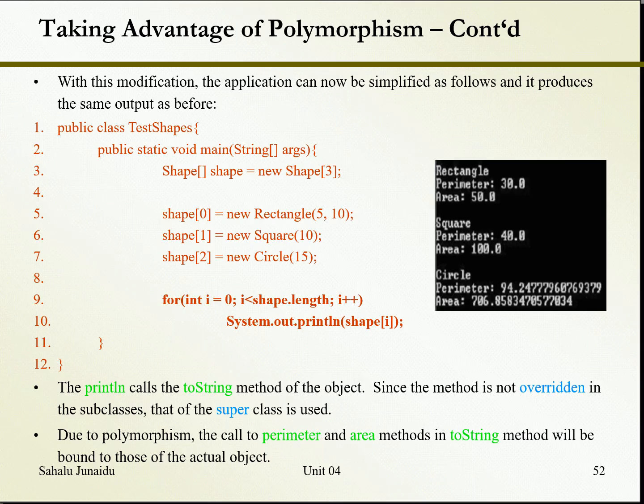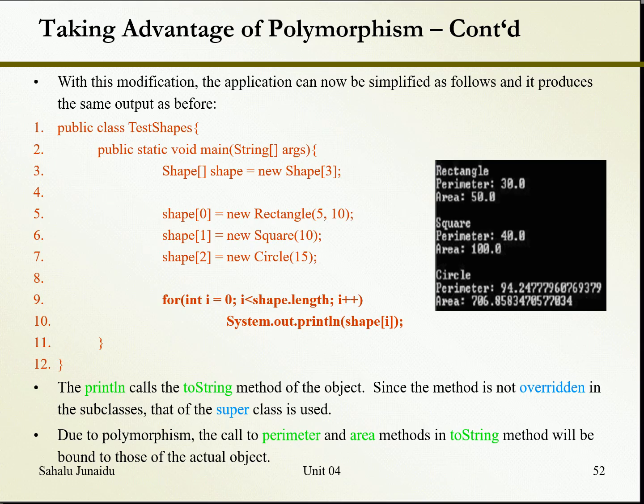And the area and perimeter have been overridden by the subclasses. So it is not the method of the superclass that will now be used, but rather the method of the subclasses, based on looking at this example. Because remember, we said since the toString method has not been overridden, then it is the method of the superclass that will now be used. But if there is an overriding method, then unless the subclass also called the toString method of the superclass, remember the example I gave, where I added super.toString to call the toString method of the superclass.